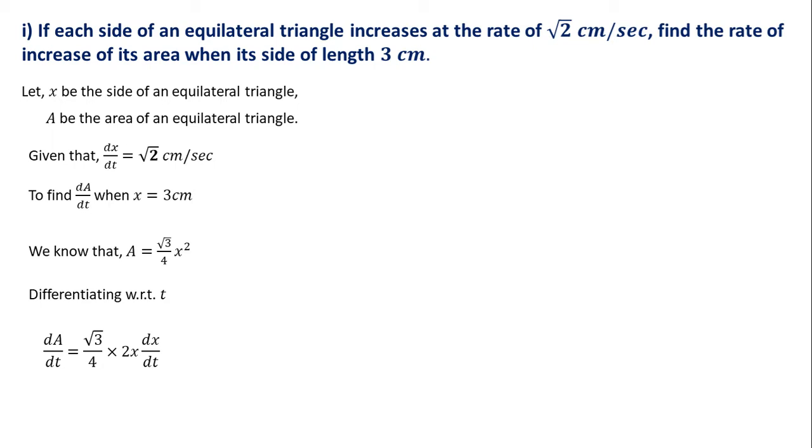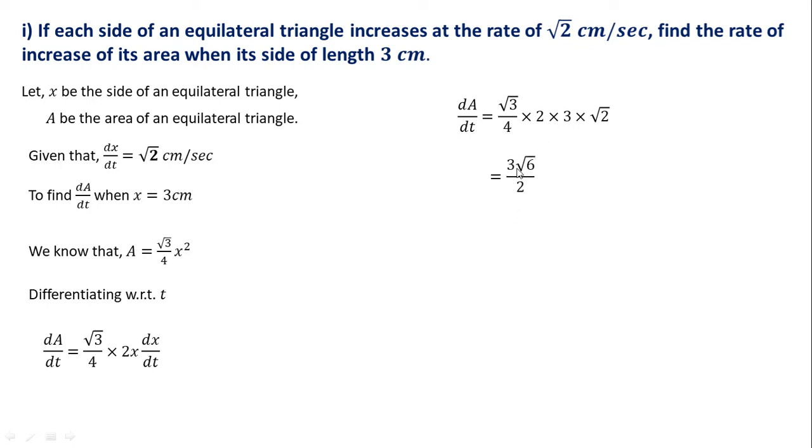Now x is given to you, dx by dt is also given to you. So if you put all the values here perfectly, root 3 by 4 as it is, into 2 as it is, into 3, meaning x is given to you, and into root 2. Root 2 means dx by dt.